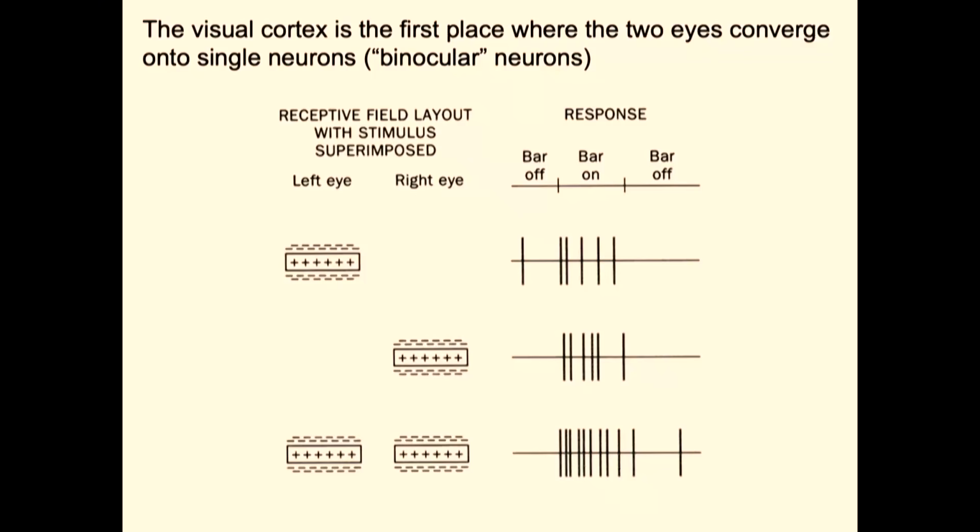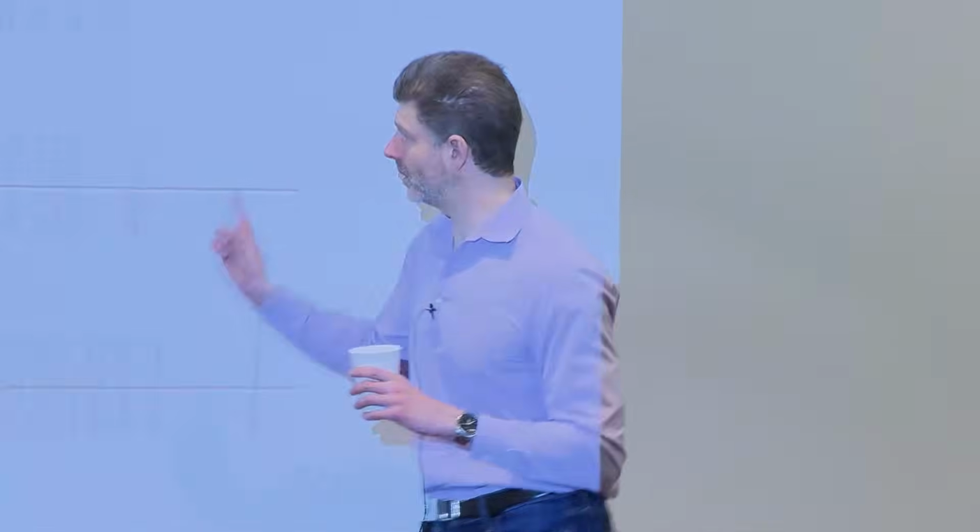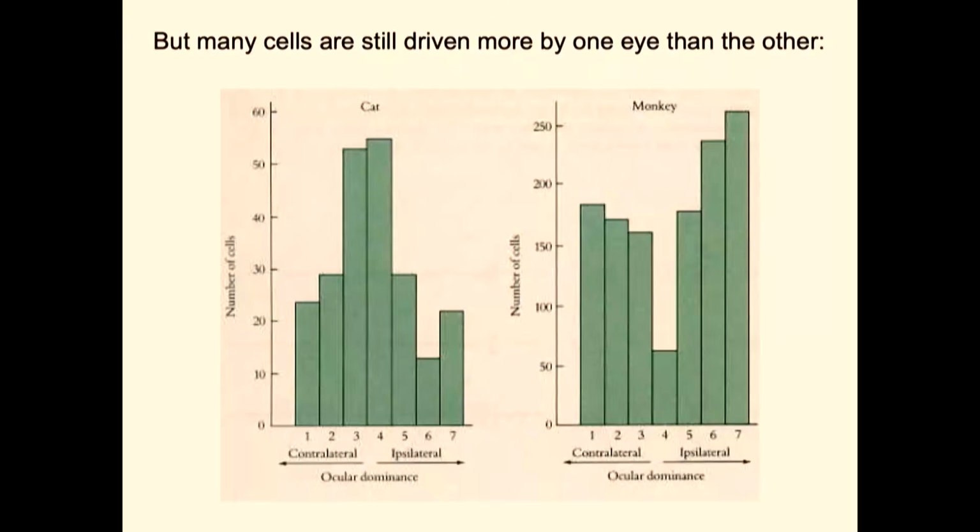But then in primary visual cortex, you see neurons that get input from both eyes, and that will respond more when both eyes are stimulated. Those are called binocular neurons. But it's nonetheless the case that many cells are still driven more by one eye than the other.